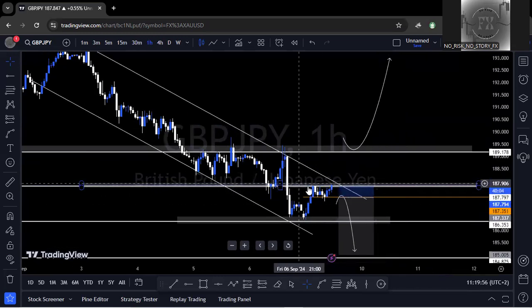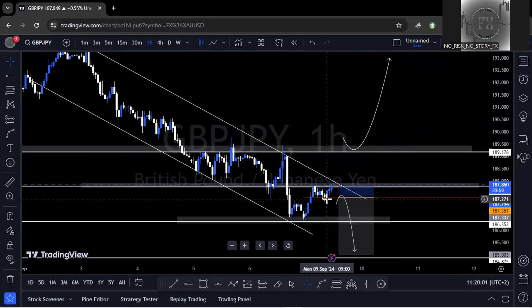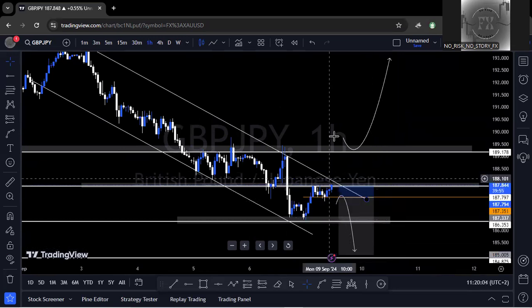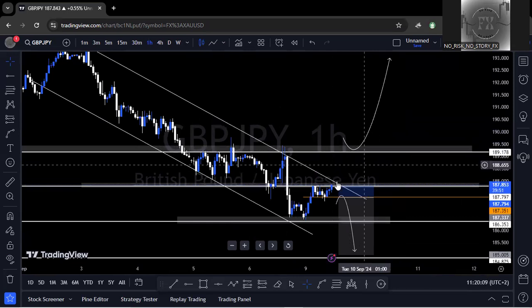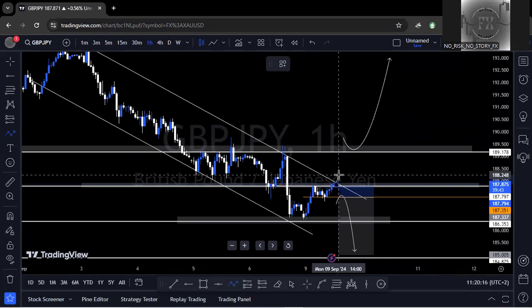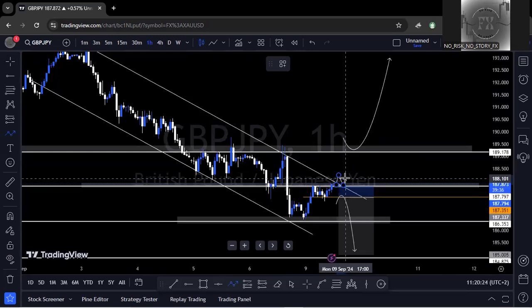If we just remain patient to wait for this market to break this yellow line to then sell, or we just wait for it to continue going upside and break this resistance here to then buy, because it can do something like this here. For those impatient traders, it can do like this, and then they will think that the market has broken out of this trend, and now the market is buying.